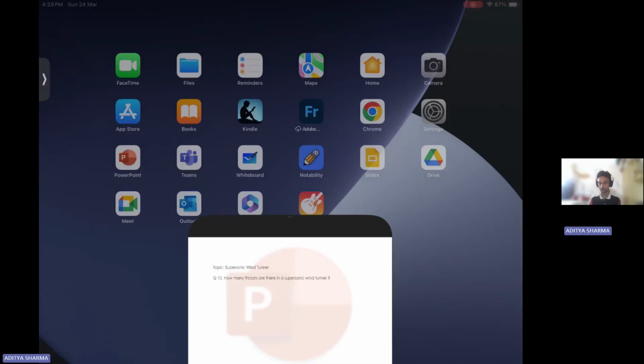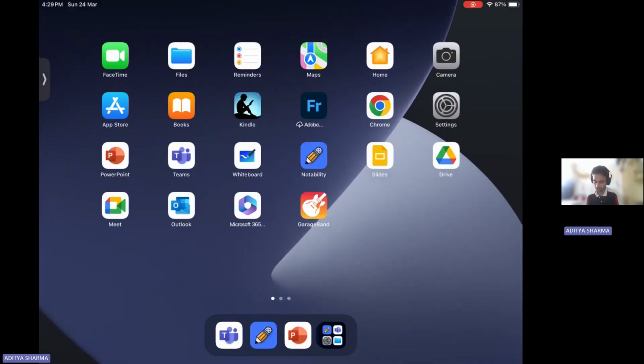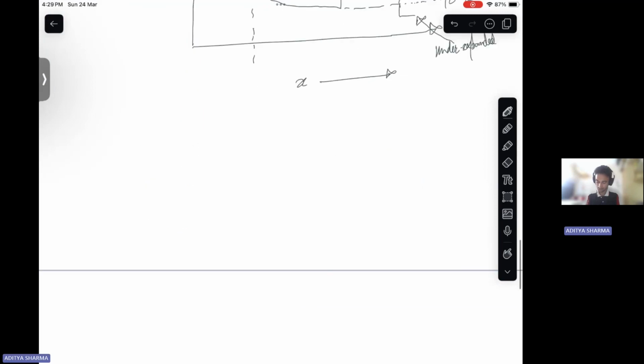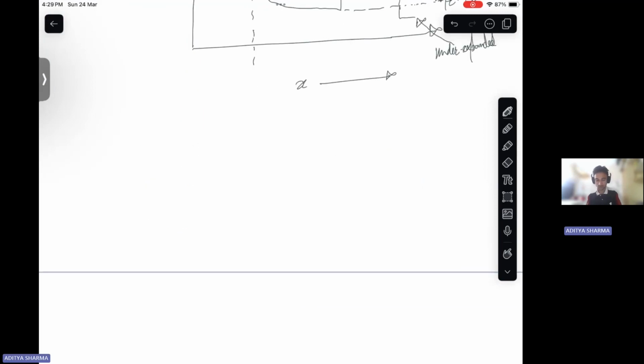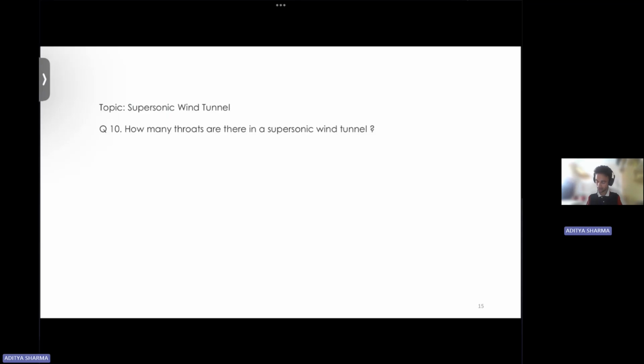Let's draw a supersonic wind tunnel. I believe we are in question number 10.